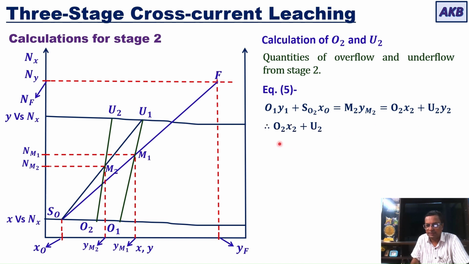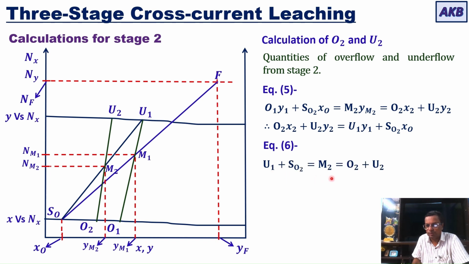And I can write the equation in this way: O2 into X2 plus U2 into Y2 is equal to U1 into Y1 plus S02 into X0.